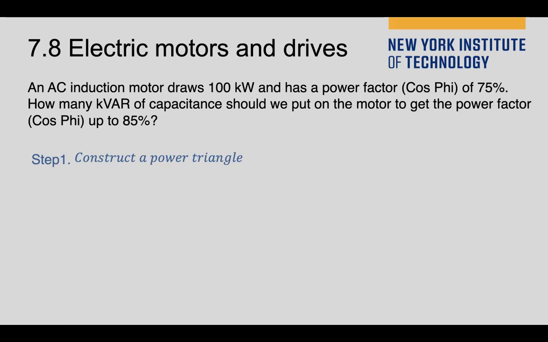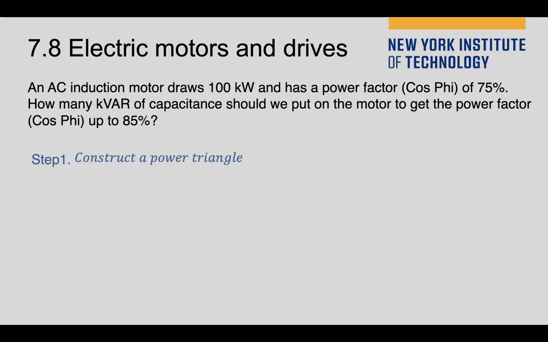So we know the horizontal value, the real power, is 100 kilowatt. And the power factor cosine theta is 0.75. Now we need to know how much reactive power, the kVAR, that means the reactive power, by considering what capacitance we should put on the motor to get the power factor up to 85%.